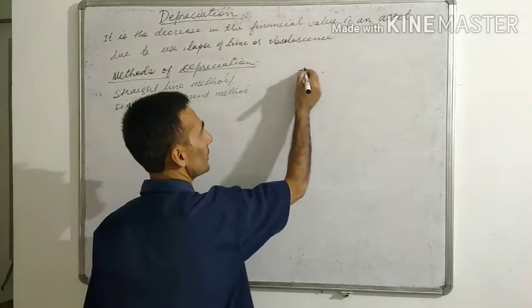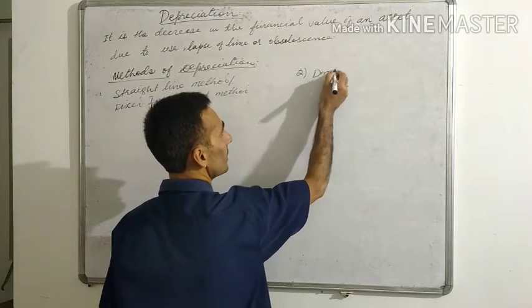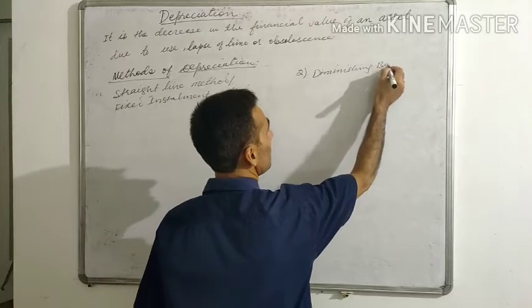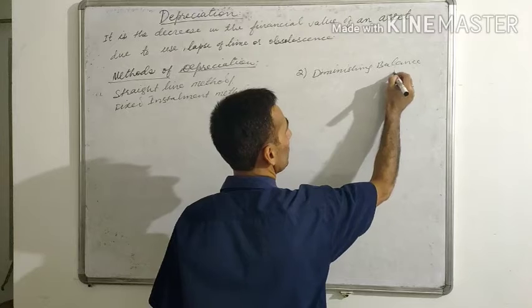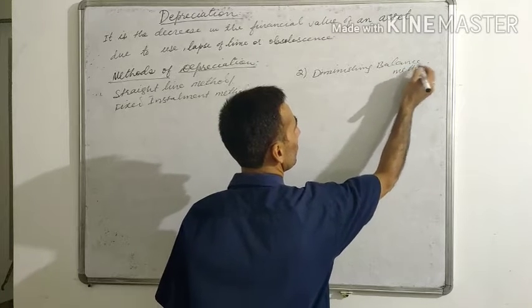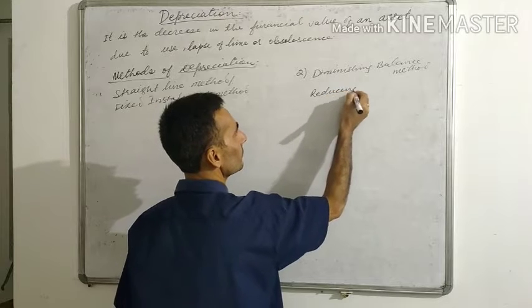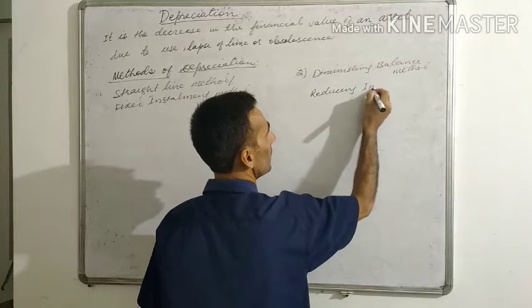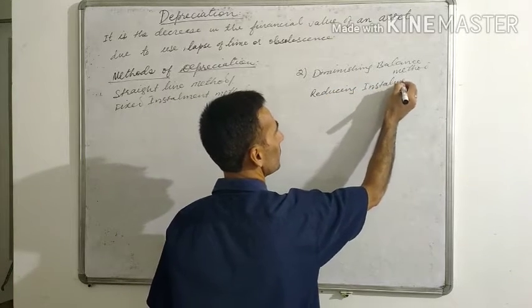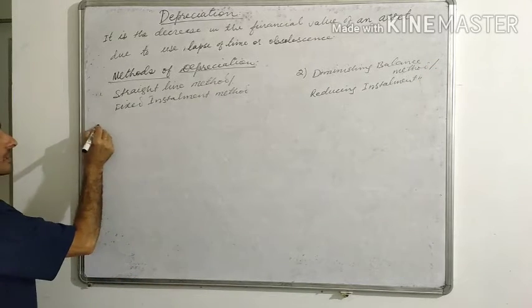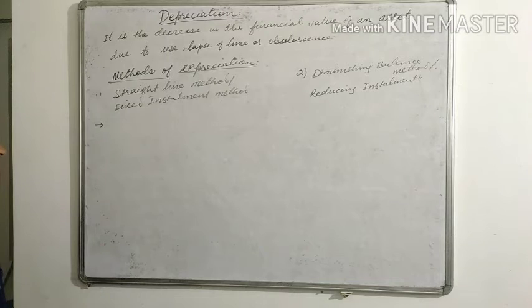And number 2 is diminishing balance method, also known as reducing installment method. Okay, now let's understand the straight line method.